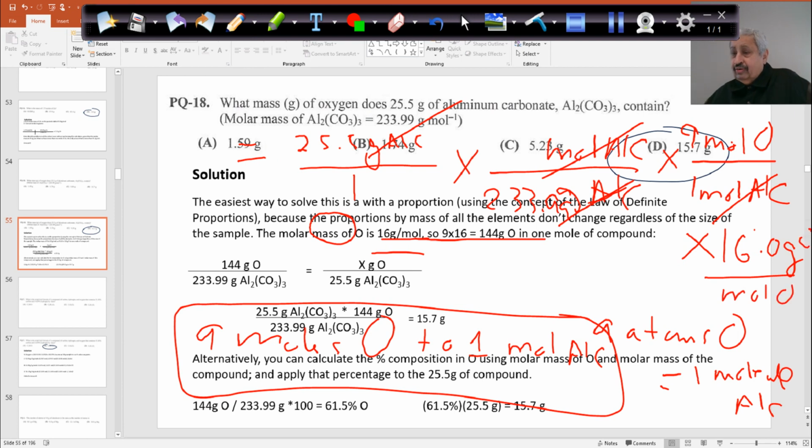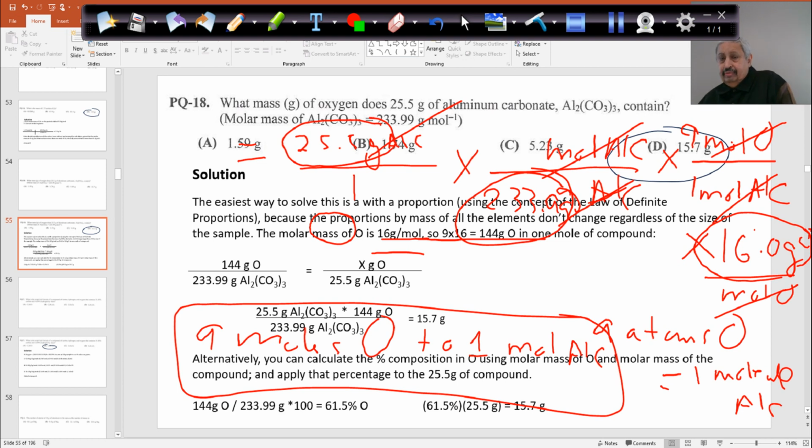So if you look at the whole thing, the mole of oxygen cancels, and the only unit left is grams. So you have 25.5 divided by the molar mass of the whole molecule, multiplied by 9, multiplied by 16, and you get the grams.